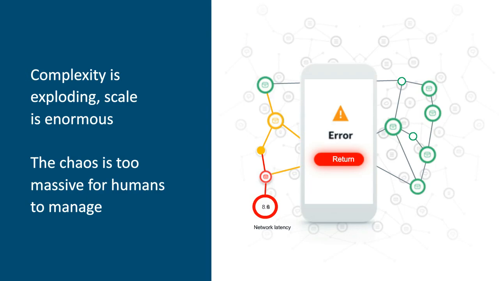Managing the user experience and application performance can no longer be a manual task. Complexity is exploding, scale is enormous, and the chaos is much too complex for humans to manage.